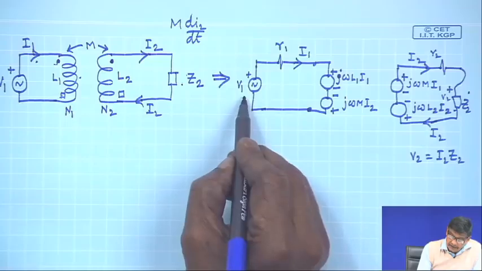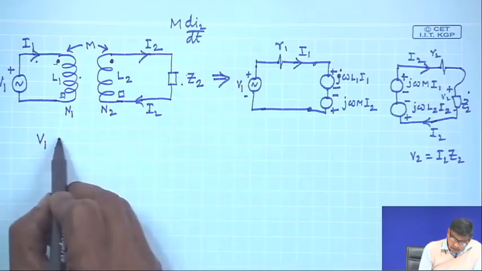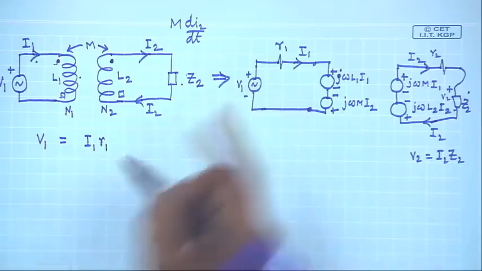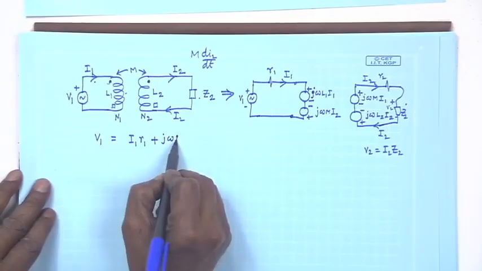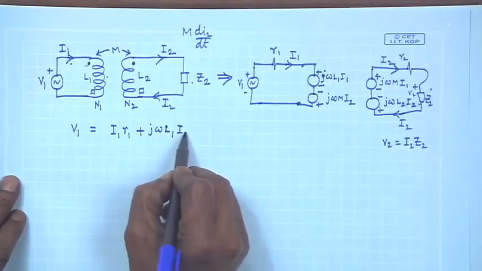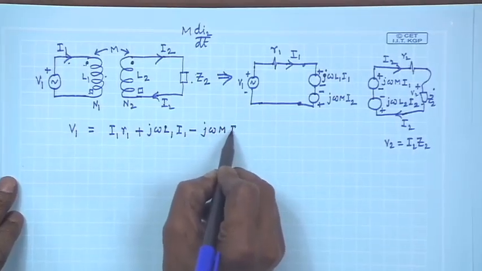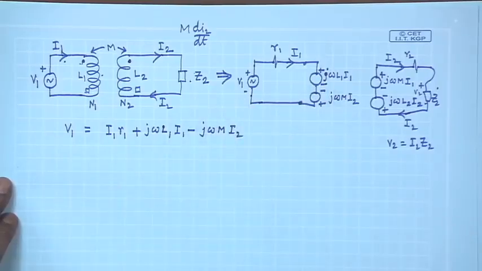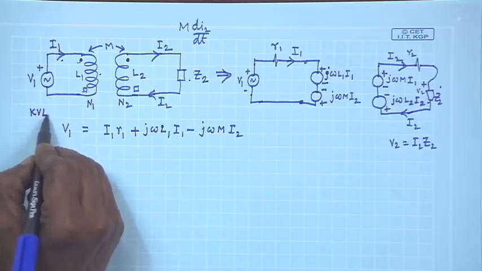So, first on this side, the KVL equation is, see, applied voltage V 1 will be equal to I 1 into R 1 plus j omega L 1 I 1 and then minus j omega M into I 2, and you are back here. So, this is the first equation, KVL in primary.